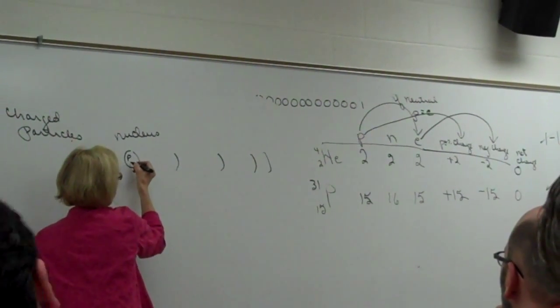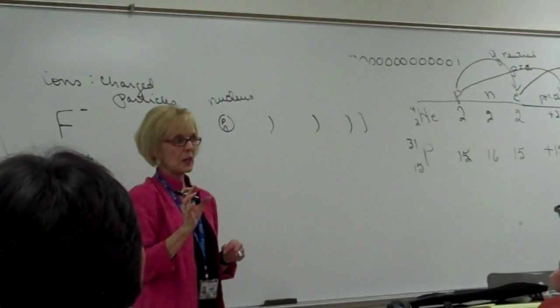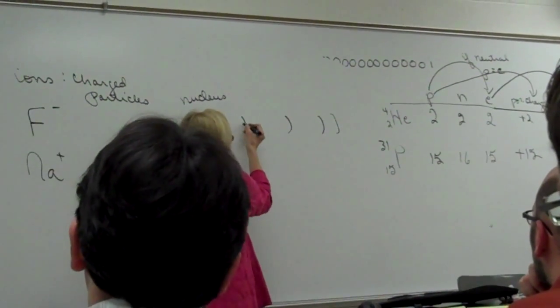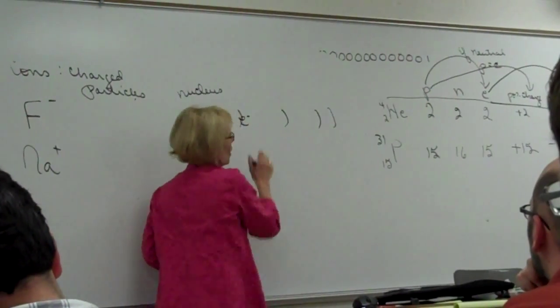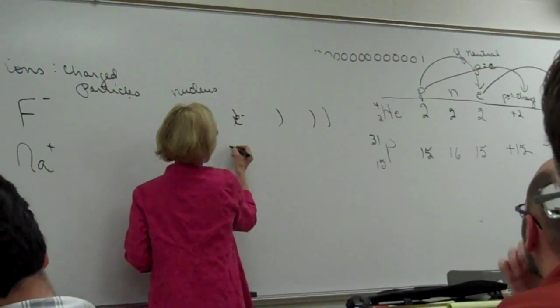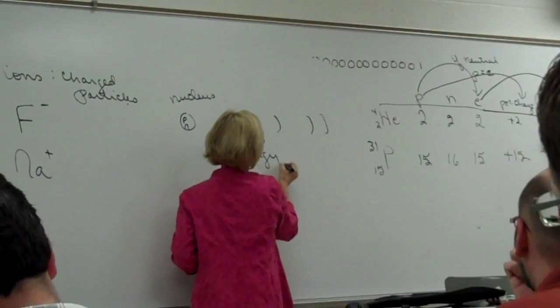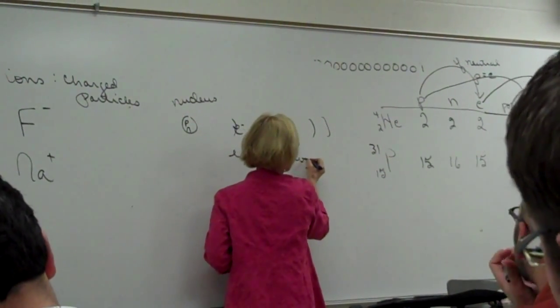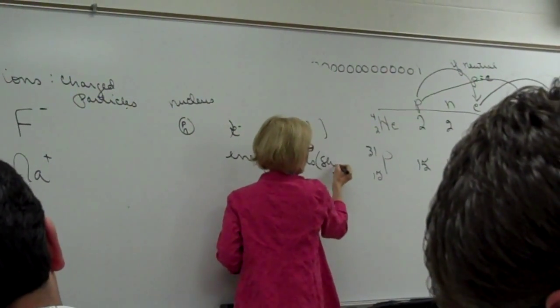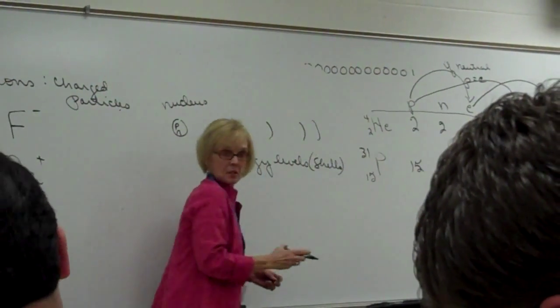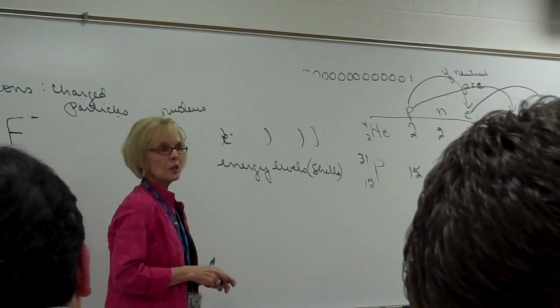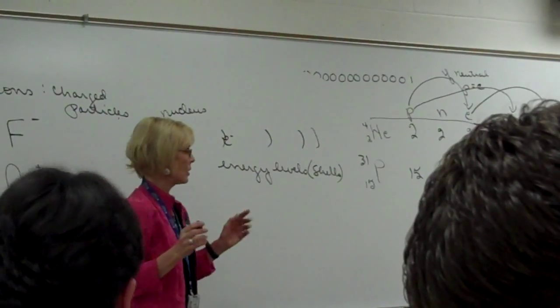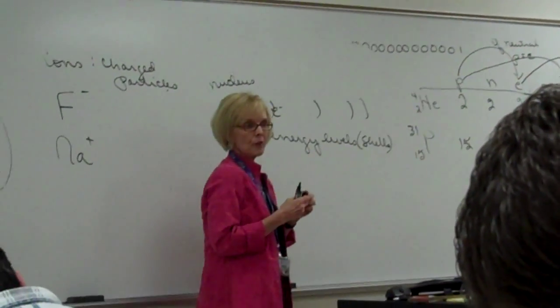All of your protons and all of your neutrons are found in the nucleus. Out here, on energy levels, also called energy shells, those words are used interchangeably. It depends who you're talking to, which they use. That's where you find the electrons.